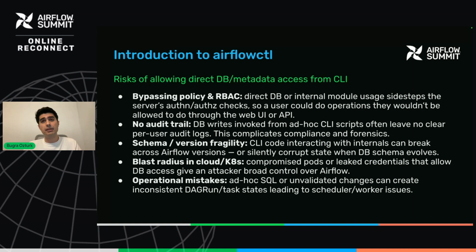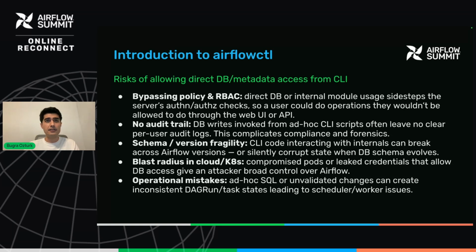Also, reducing the blast radius. What it means is, let's say your JDBC connection is shared across all the CLI users of Airflow, and it allows the possibility of leaking the JDBC connection, rather than a short-lived token. And also, we saw multiple examples of operational mistakes.